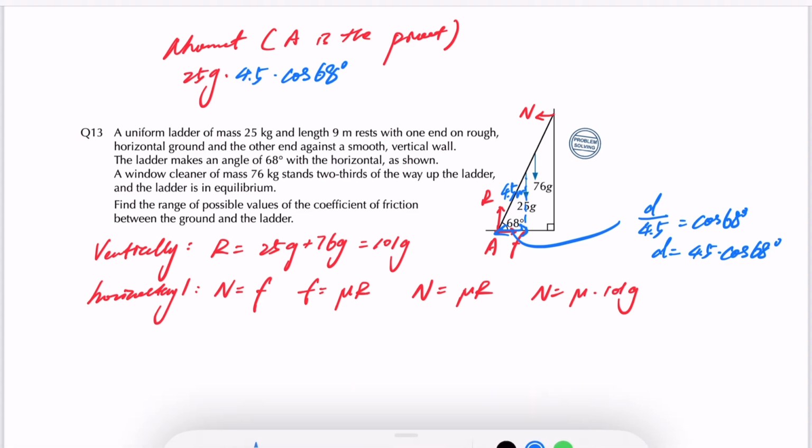And then let's keep going. We still got the 76G as another clockwise moment, plus 76G times, in this case it's not 4.5 anymore. Let me change to another color. We have this right angle triangle right there. So the question told us it's 2/3 of the way. 2/3 times 9, that would give us 6 meter.